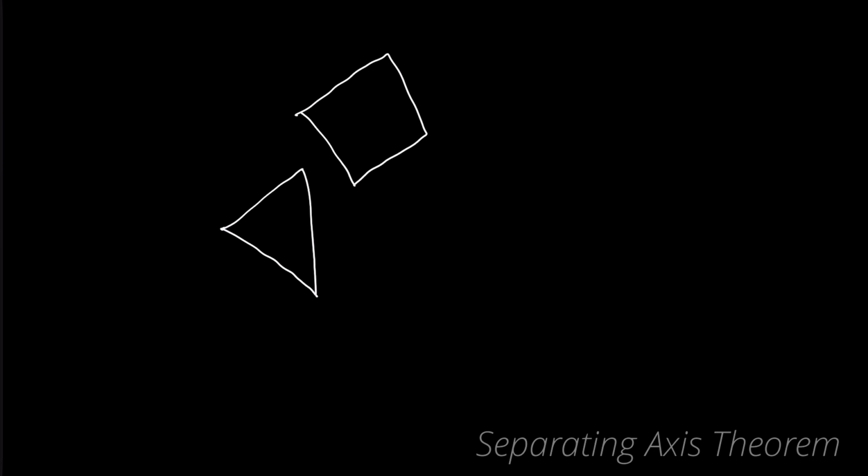We look along the edges. So we will use a flashlight from this side, we'll use a flashlight from this side, flashlight from this side, from this side, and same thing for the other polygon.